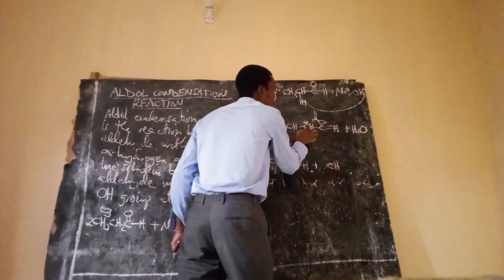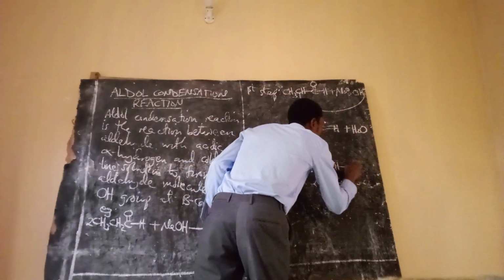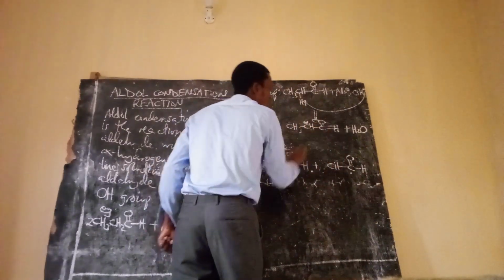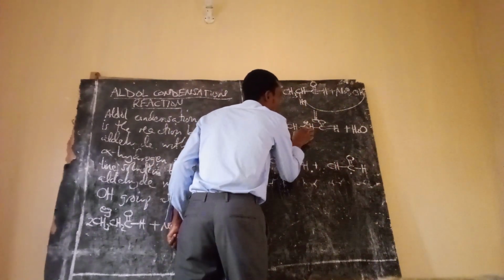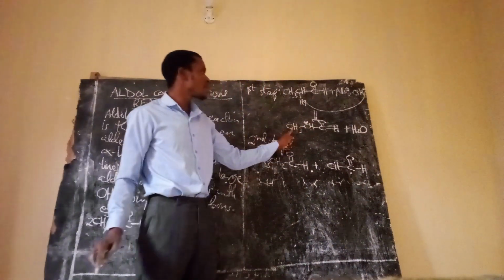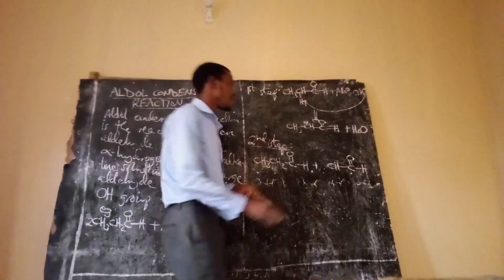First, this alpha carbon has one hydrogen atom and carries the aldehyde group. Then this alpha carbon, the negatively charged carbon, has a methyl group on the left side.